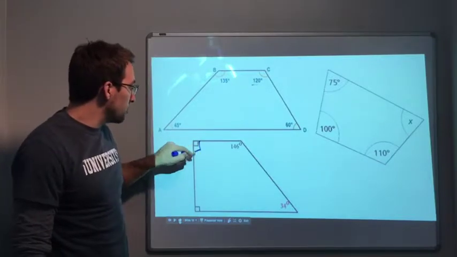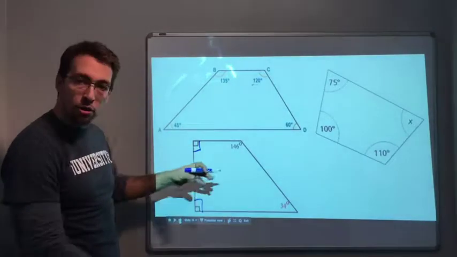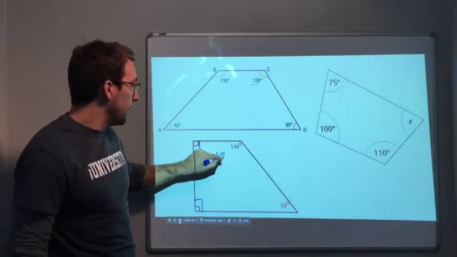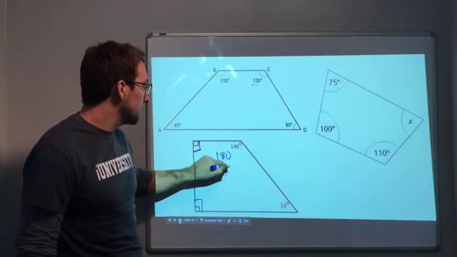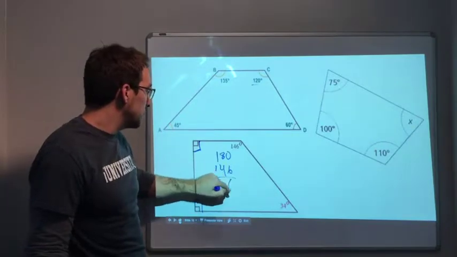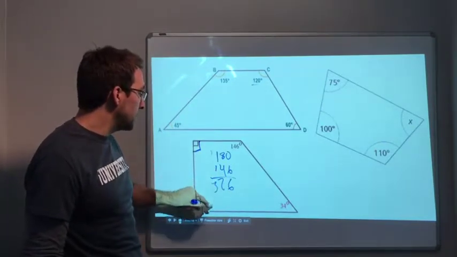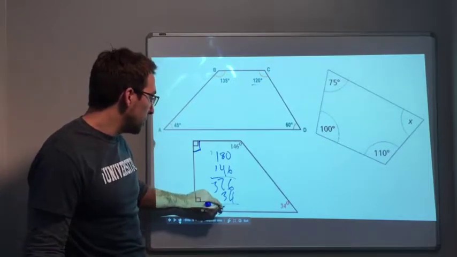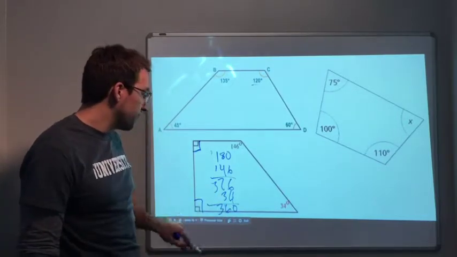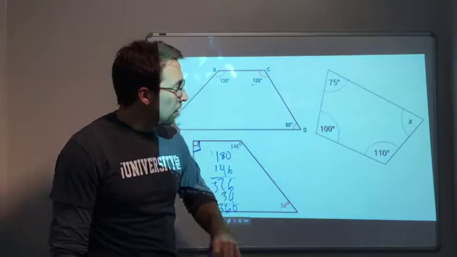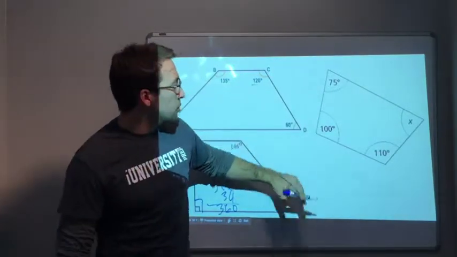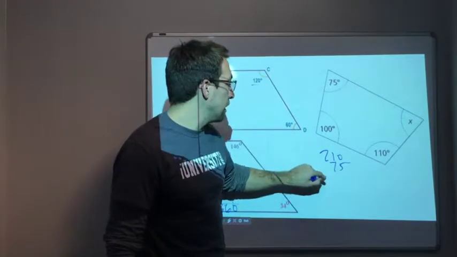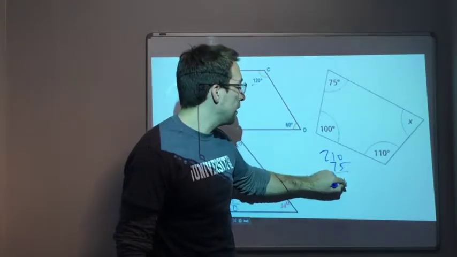Notice we know this angle is a right angle. We know this is a right angle. It's a right trapezoid. 90 plus 90 is 180. 180 plus 146 is 326. 326 plus 34 is 360. What's our missing angle here? 100 plus 110, that's 210 plus 75 is 285.